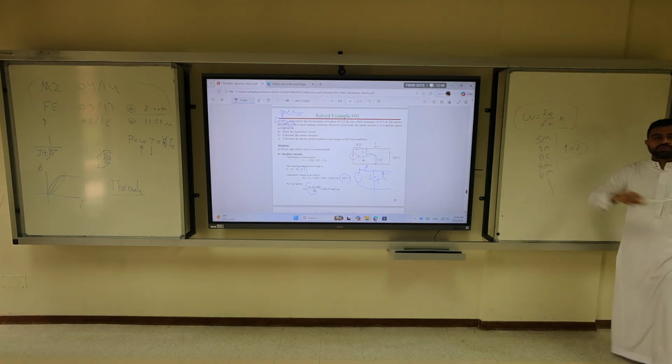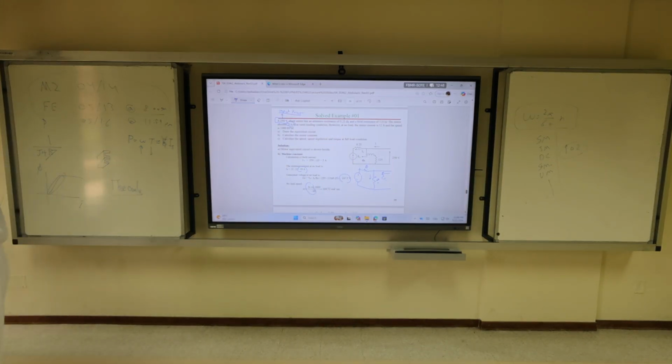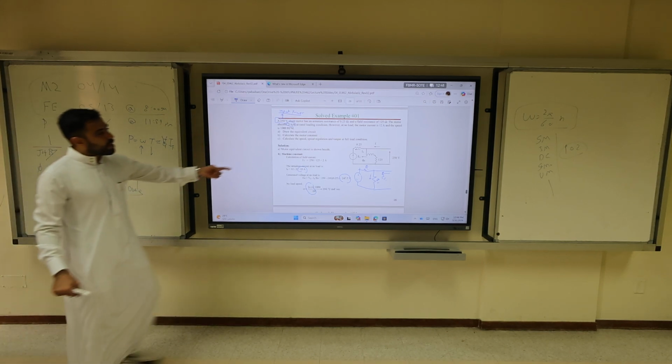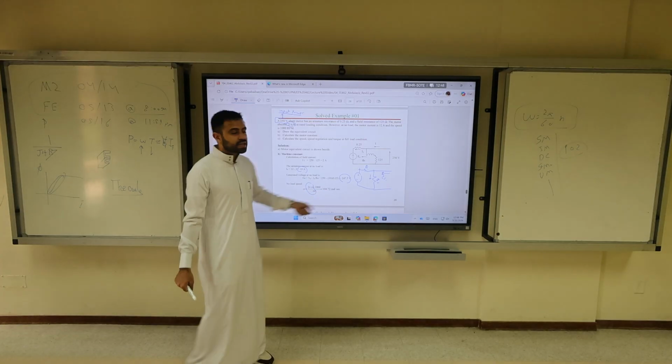So this 60 has to do with converting from minutes to seconds. So what is the no load speed? It is 1000 RPM, converted to 104.72 radians per second.